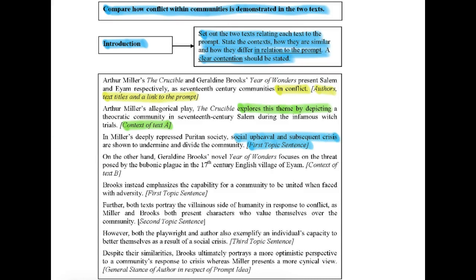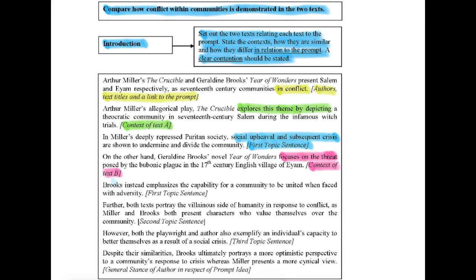Okay, and then we come to the next part, which is, on the other hand, Geraldine Brooks's novel Year of Wonders focuses on the threat posed by the bubonic plague in the 17th century English village of Eyam. Now, this is context of text B, and "focuses on the threat" is a key phrase for that particular sentence.